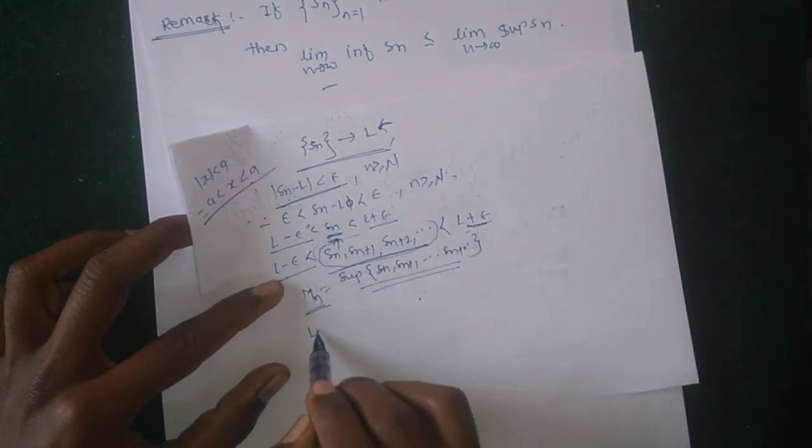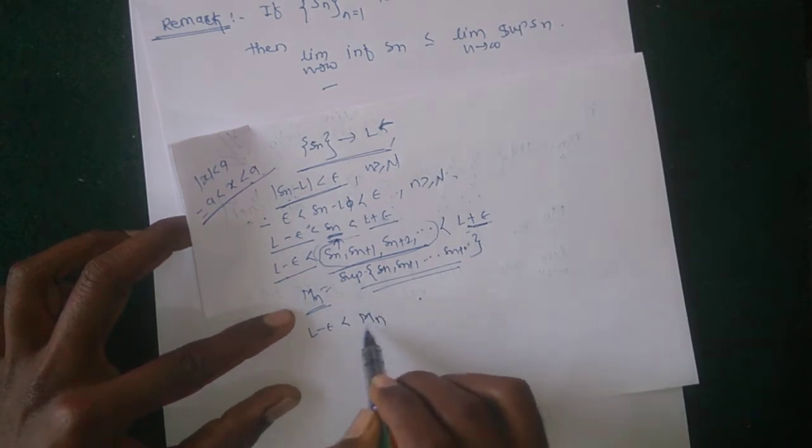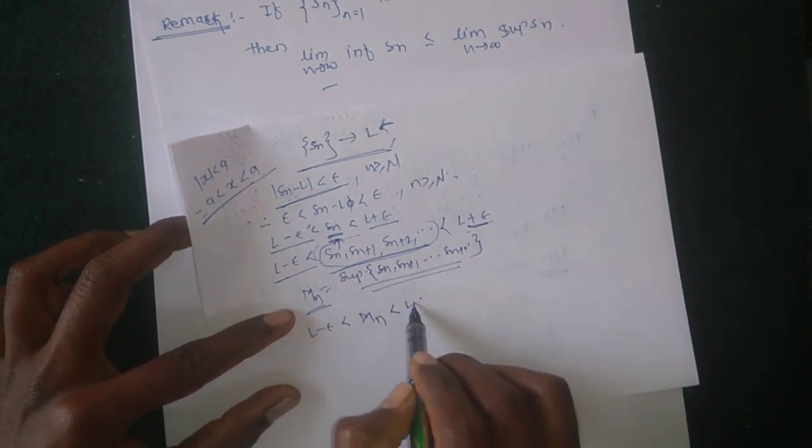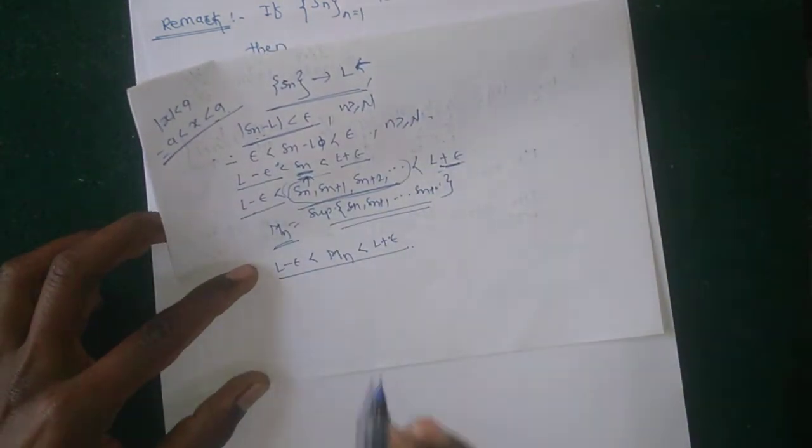This means Mn lies between L minus epsilon and L plus epsilon.